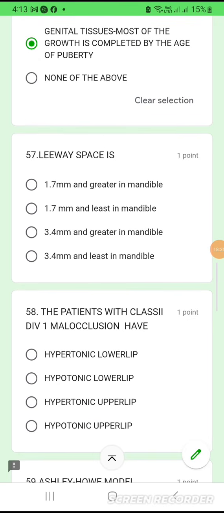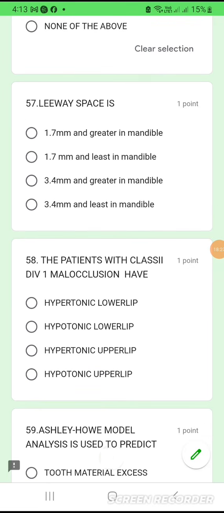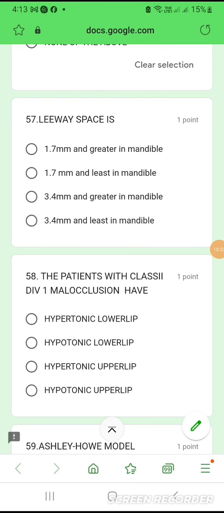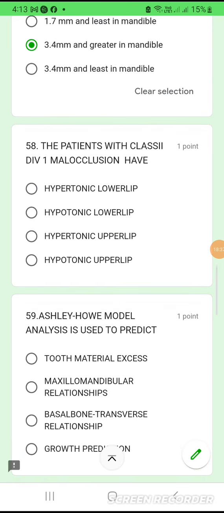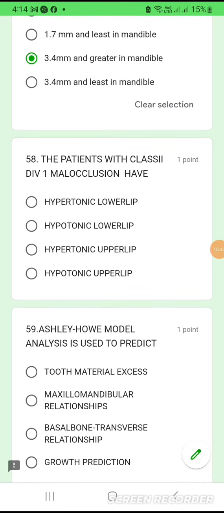So option C is the answer. 57. Leeway space. How much is the leeway space? It is 3.4 mm and it is greater in the mandible. Question number 58. Patients with class 2 division 1 malocclusion will have a hypotonic upper lip in such cases. So option B is the correct answer.